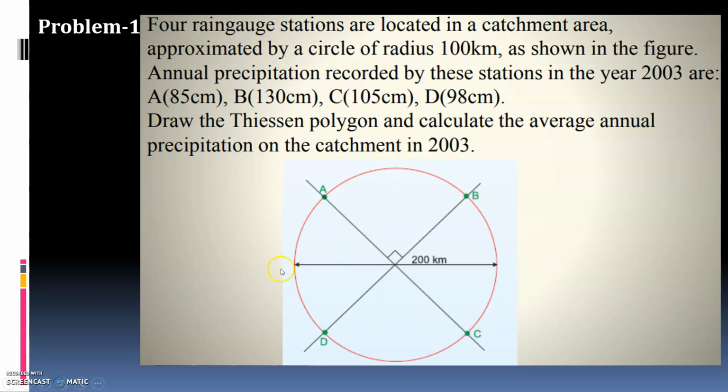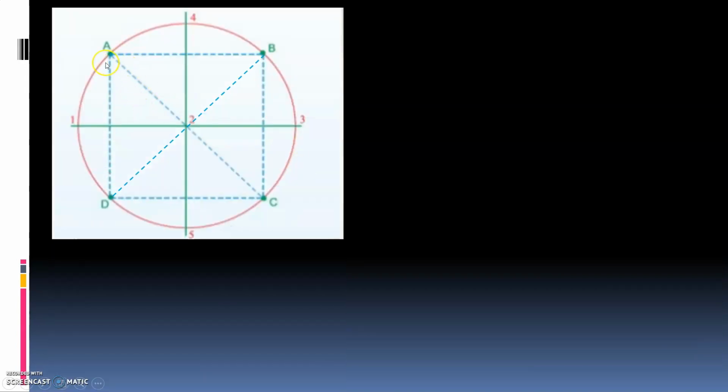Okay, this is the rain gauge area, the rain gauge stations located in the catchment area. The radius is 100 kilometer. So now, first step, these are the rain gauge stations A, B, C, D. You have to draw straight lines connecting the rain gauge stations.